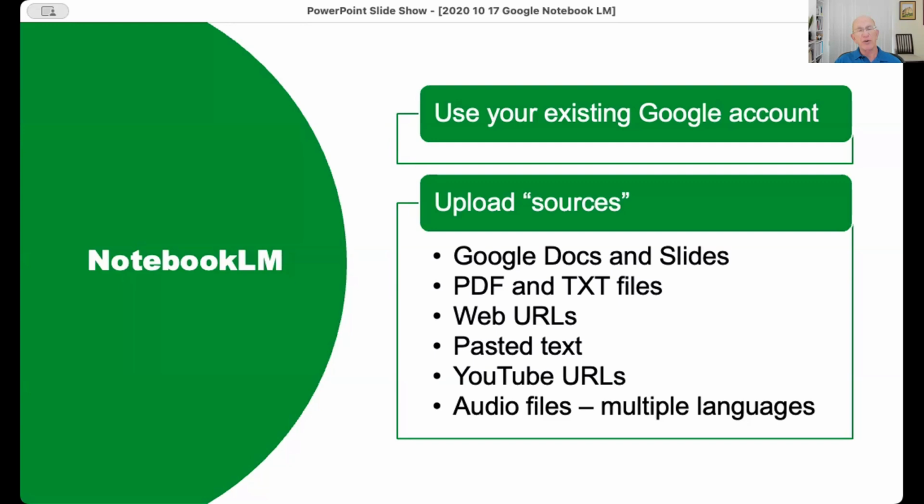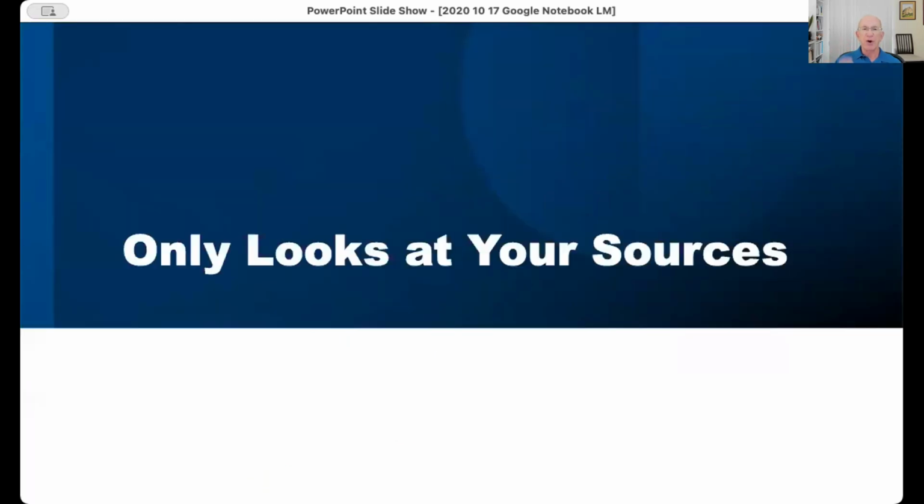Now, these are things that any AI will work with, okay? But the advantage of using it with NotebookLM is that it only looks at the specific sources you have asked it to. Whereas with generative AI, ChatGPT, Copilot, etc., it will look at your source, but it might pull some information in from outside of your source, from something that you don't want it to look at.